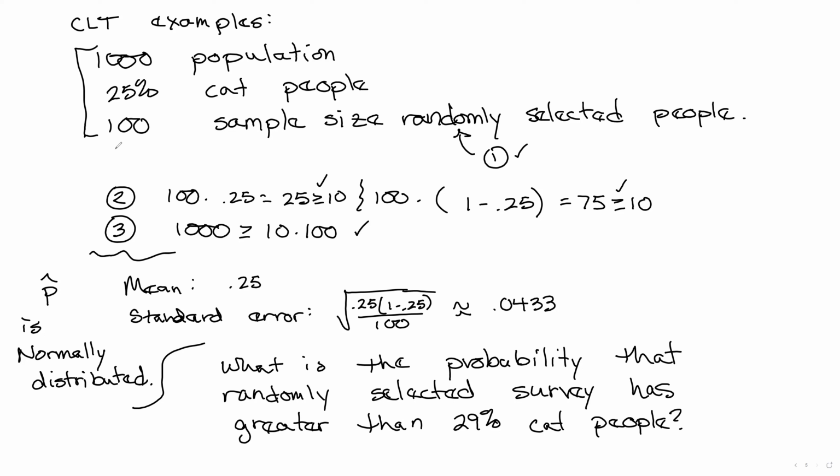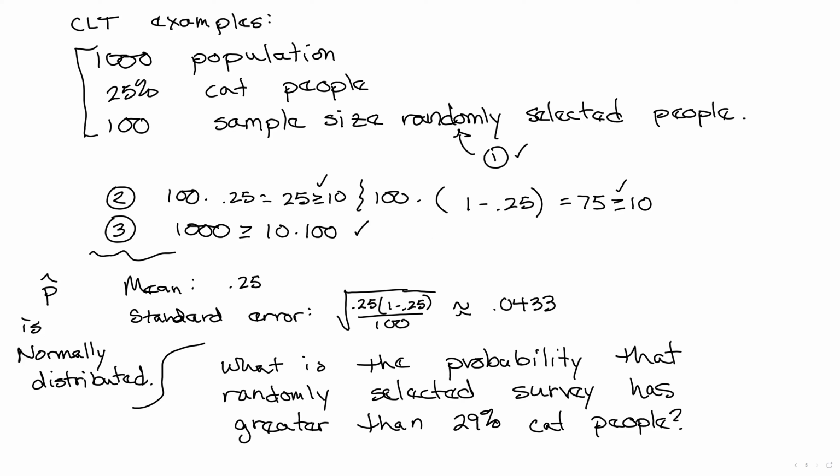Okay, so we've got this information. We do our check. We now know that the outcomes for our samples are normally distributed, and the question is, what is the probability that one of our survey results has more than 29% cat people? So how can we figure that out?